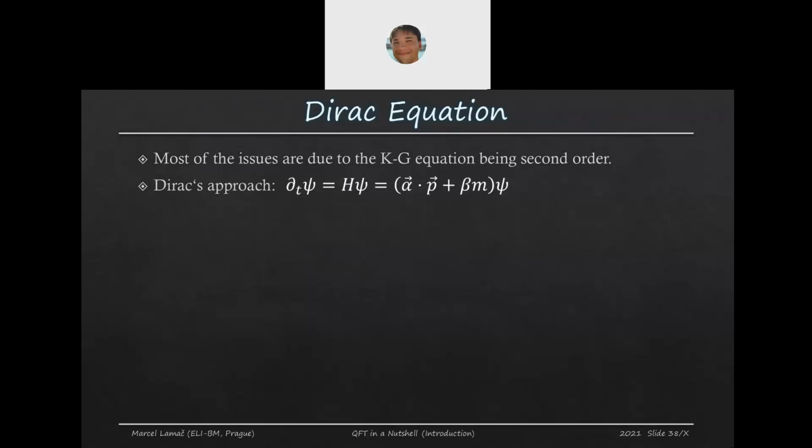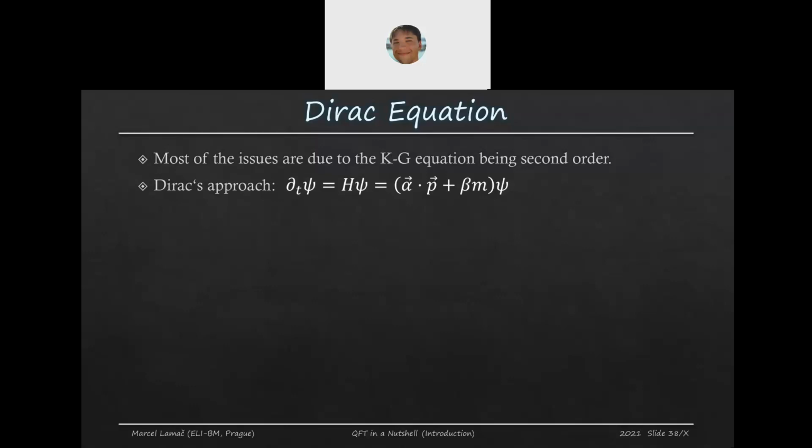Also, when you have a second order equation in time, you need to supply not only the initial condition for the function itself, but also its time derivative. This is because it's a second order equation. Also, if you have a solution for a second order equation, then it is constant only when you take the second derivative, right?